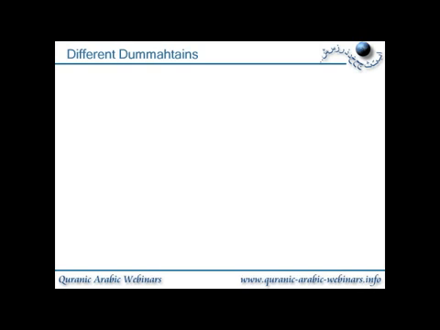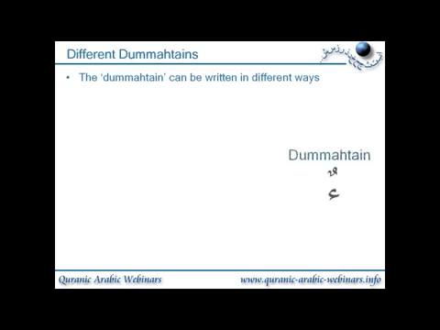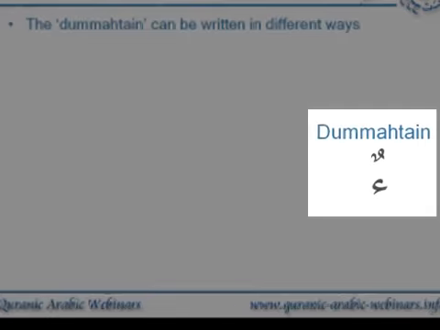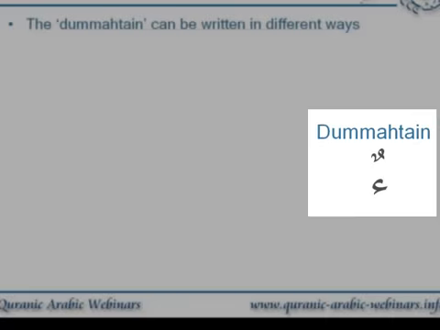Different Dummahtains. The Dummahtain can be written in different ways. So here we have Hamza with Dummahtain on top of it. This is one way you will see it printed or written on the computer screen, and it's like a normal single Dhamma with a little hook on the end of it, but this actually represents Dummahtain, two Dhammas.